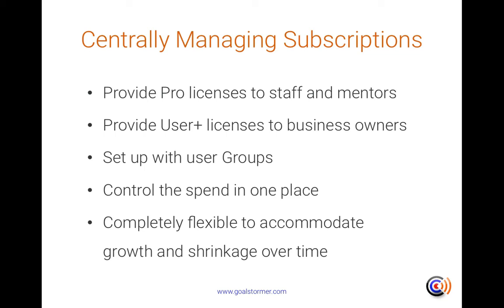So basically it's completely flexible for the numbers that you've got and the amount of time that you want to use it for. So let's have a look at how they work in practice, and I hope show you how they make it much easier to manage the bulk licenses that you need in order to make GoalStormer really effective in your organisation.